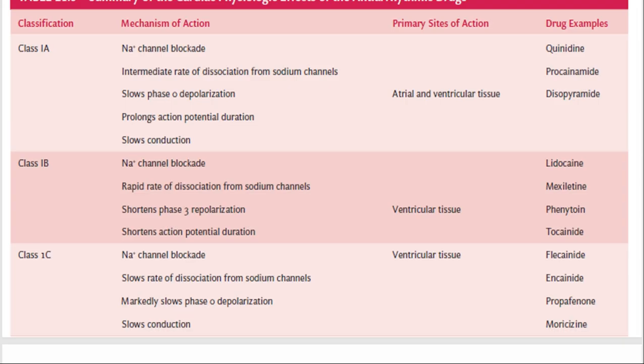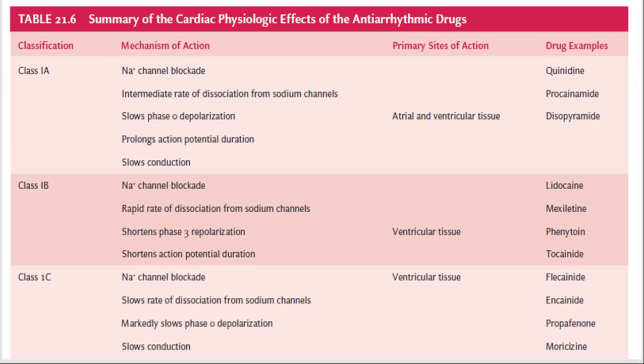So we'll now see about the general difference between the class 1 antiarrhythmic drugs, which is further subdivided as class 1A, class 1B, and class 1C. Now, all we know first, it is sodium channel blockers.